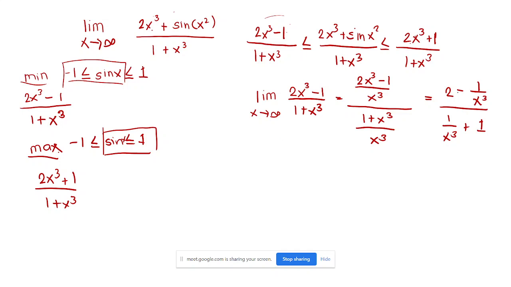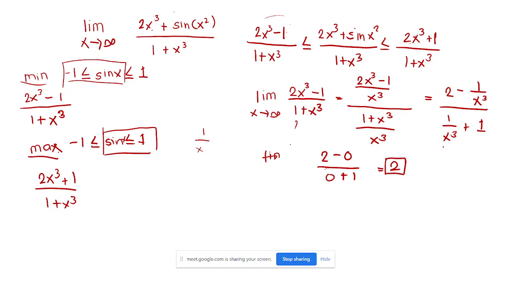But this is equal to 0 because of our theorem that 1 over any number approaching infinity is 0. Then here the answer is 0 plus 1. So the limit of this one is just equal to 2.